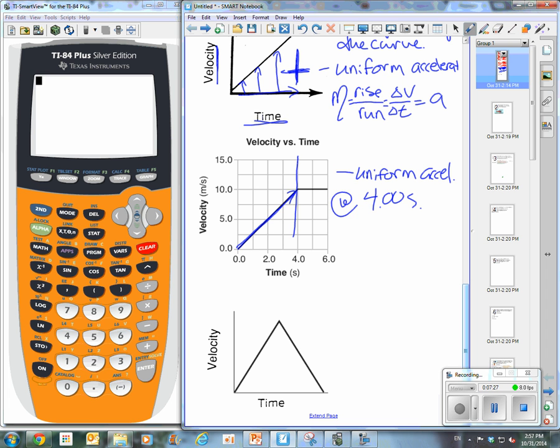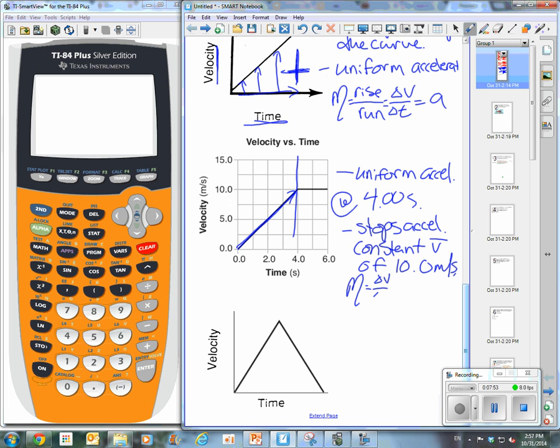Something happens, and what happens is the object stops accelerating and just travels at a constant velocity of 10.0 meters per second.